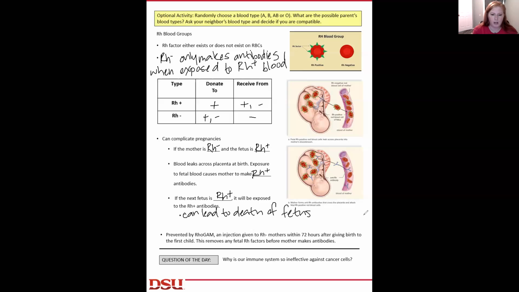So that then there's not that risk in subsequent pregnancies. My sister is RH negative, and throughout her entire pregnancy, she was given RhoGAM shots. I know that they can do it within 72 hours after, but a lot of times they do it once or twice during the pregnancy as well, just in case.